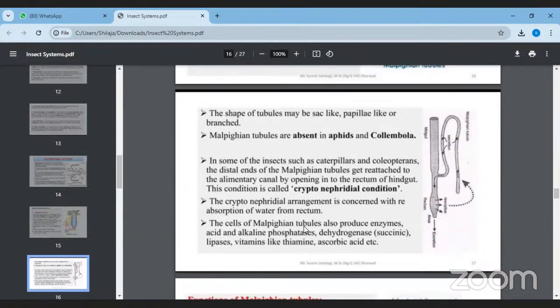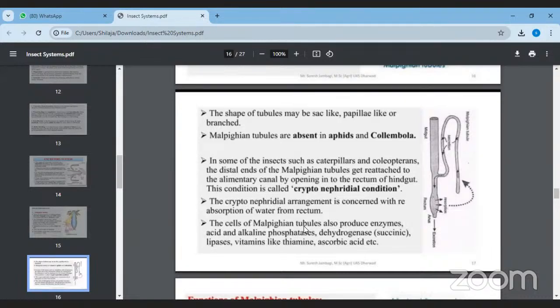In some insects, such as caterpillars and coleopterans, the distal end of the Malpighian tubules gets reattached to the alimentary canal by opening into the rectum of the hindgut. This is called the cryptonephridial condition. The cryptonephridial arrangement is concerned mainly with the reabsorption of water from the rectum.